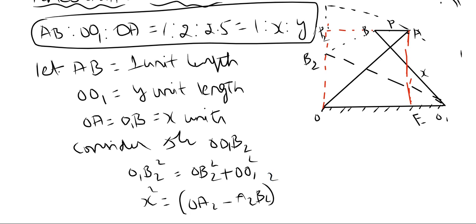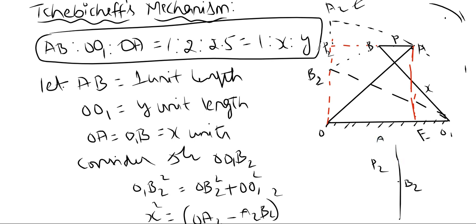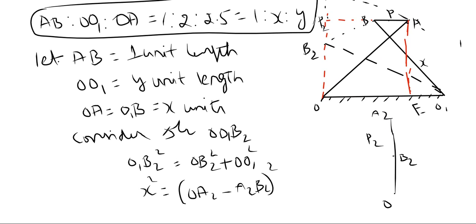A2B2 square. See here, I'll show separately. There will be a line like this. This point is O, and there is point B2, and next there is another point P2, and above this there is point A2. So from here to here we require OB2, which I am writing as OA2 minus A2B2.